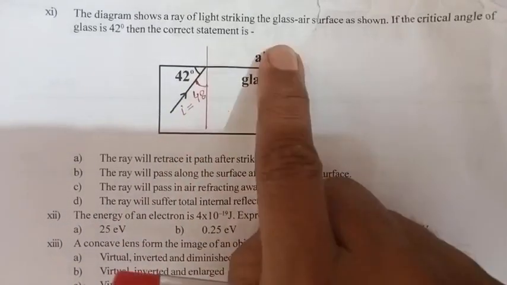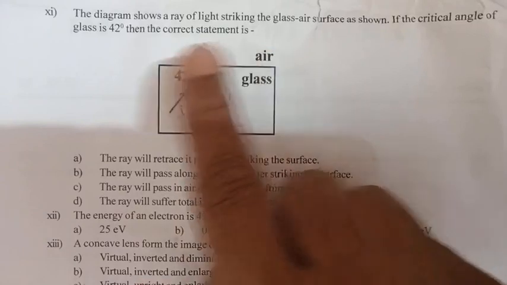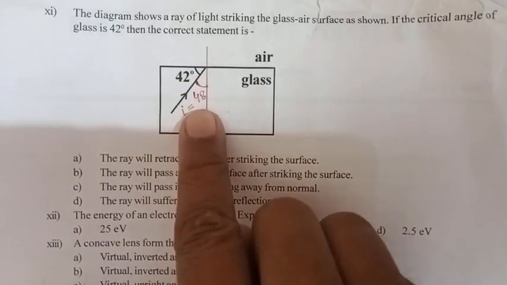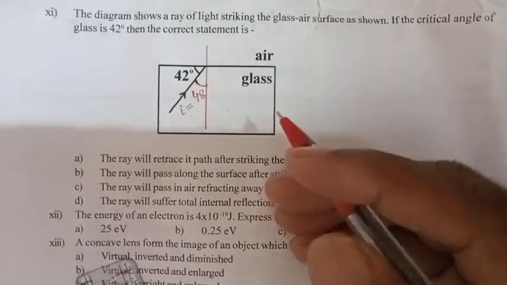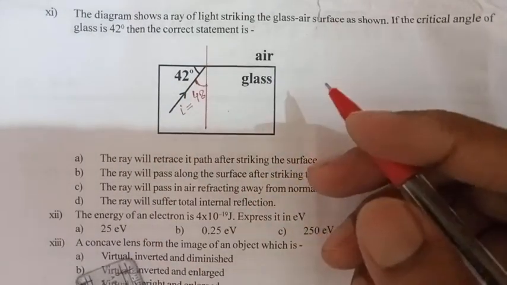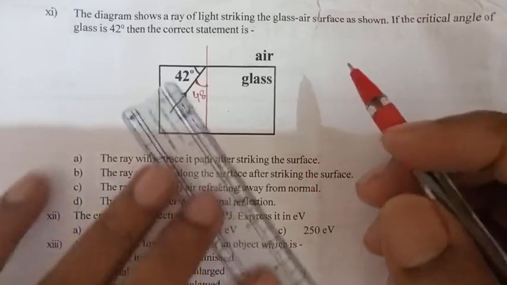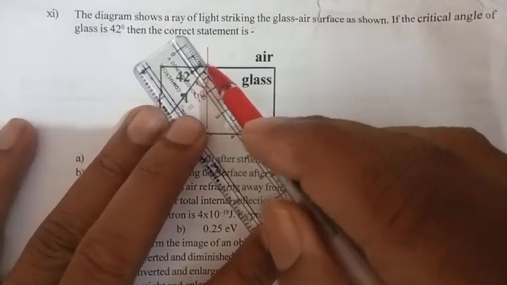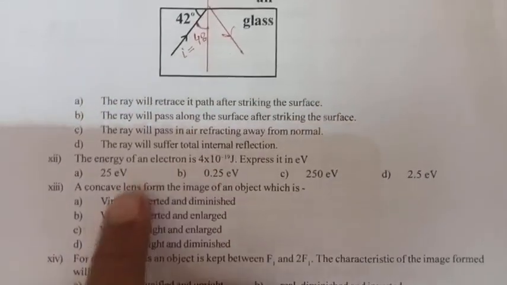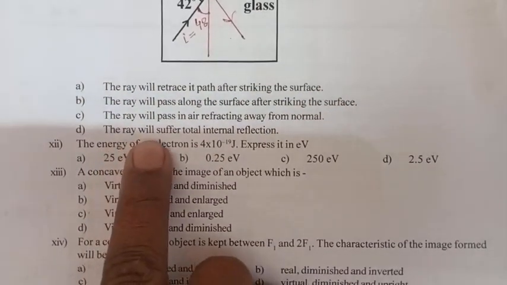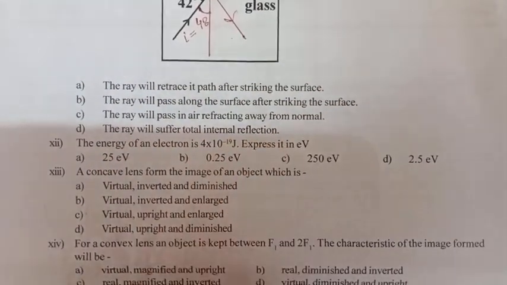As both conditions are satisfied, we can say the ray will suffer total internal reflection. So in this option we will say the ray will suffer total internal reflection.